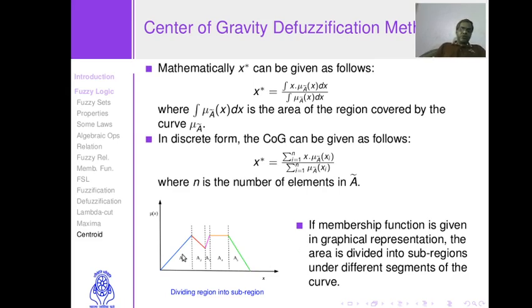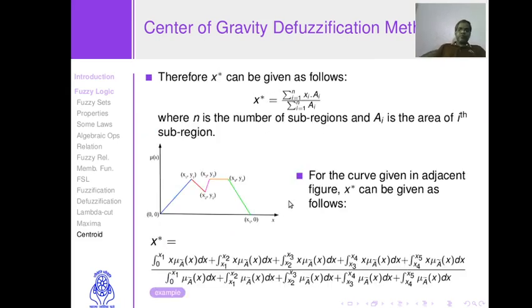This is the concept that is being represented here. We can obtain x star with the help of this equation also, but suppose the fuzzy set is not available, only the membership function is available, whose graphical representation is given here.